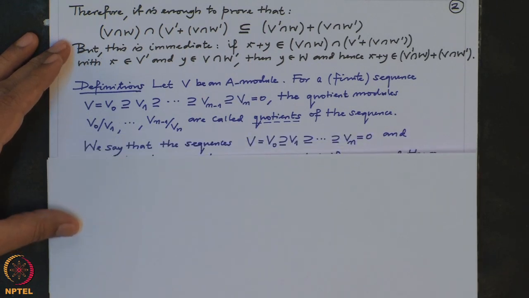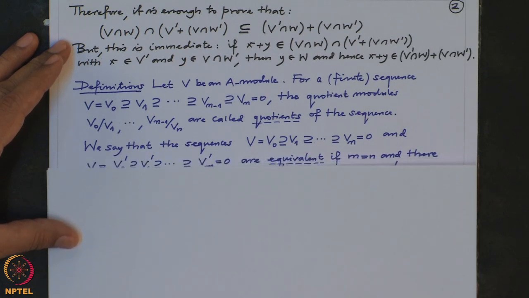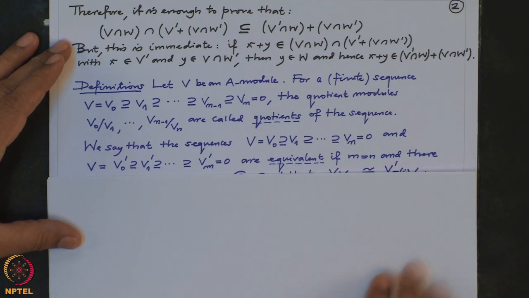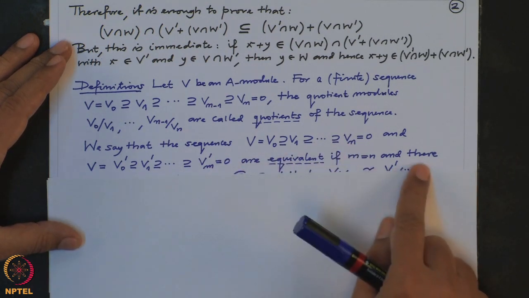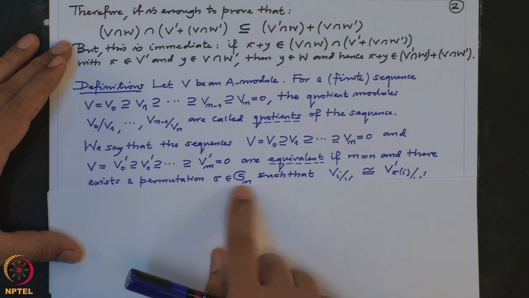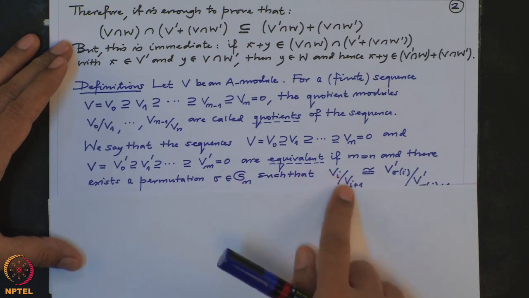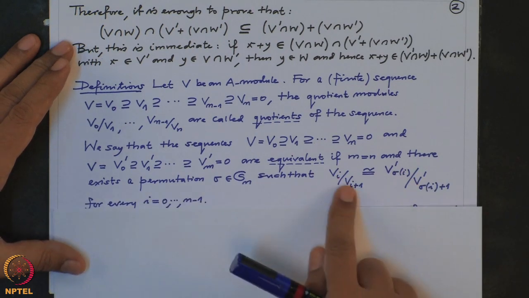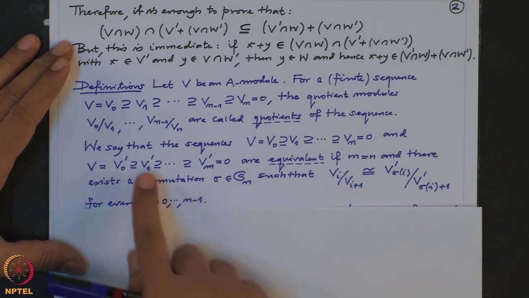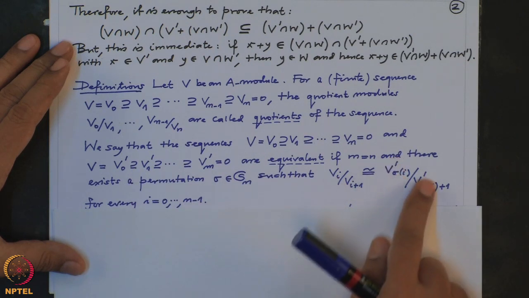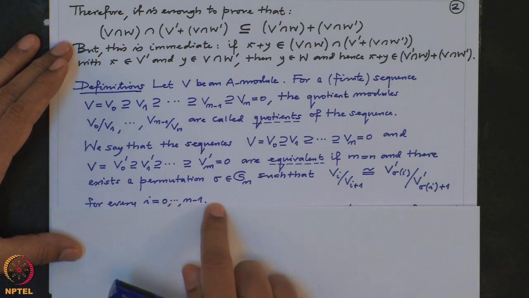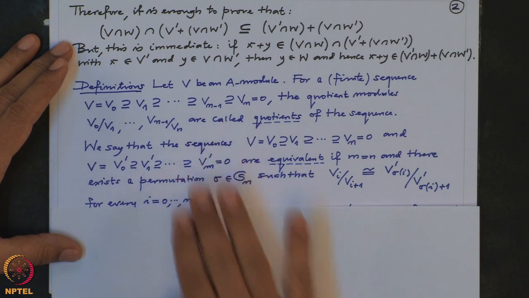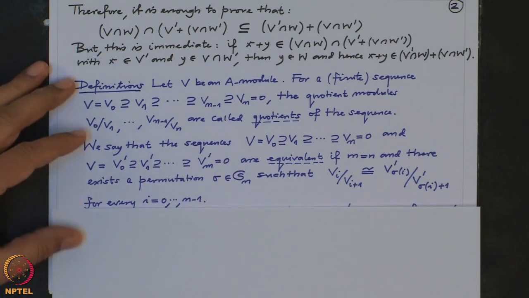So we say that this decreasing sequence of submodules and another decreasing sequence of submodules are equivalent if the number of submodules is the same, m equal to n, and there exists a permutation sigma on n letters such that the quotients Vi by Vi plus 1 and V prime sigma i by V prime sigma i plus 1 are isomorphic for all i from 0 to n minus 1. Then we call these two decreasing sequences of submodules equivalent.